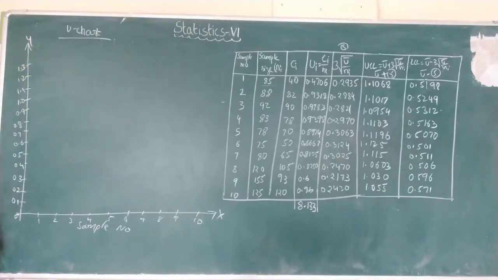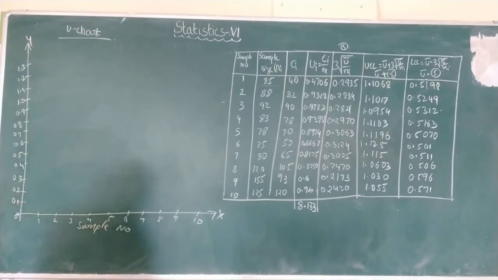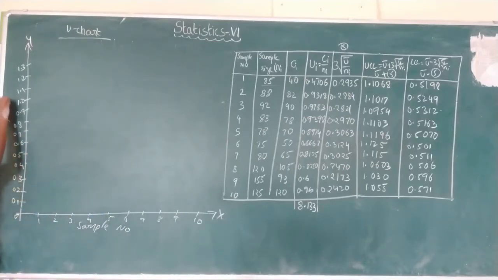So we want values up to 1.12 only, right? So the scale of 0.1 is enough. Now plot the different UCL values. Here on the sample numbers I will be plotting the number of defects such as UI's values.